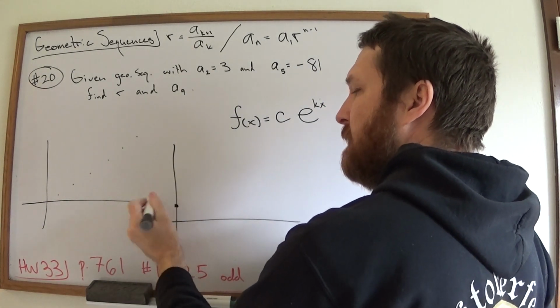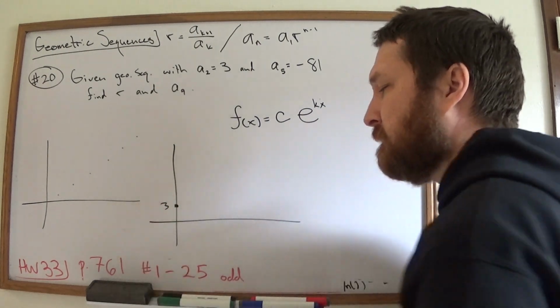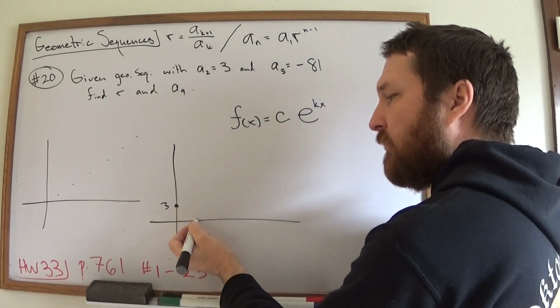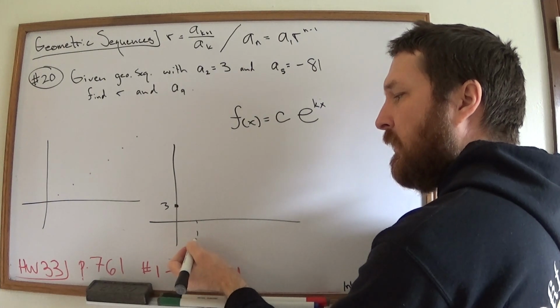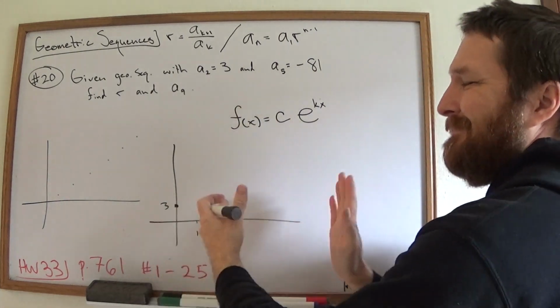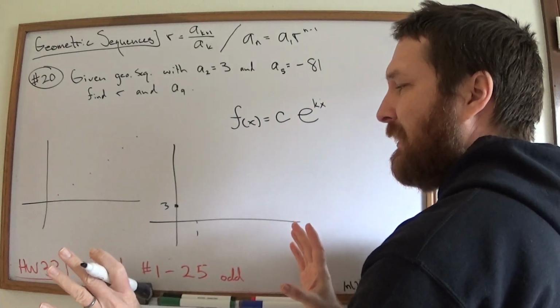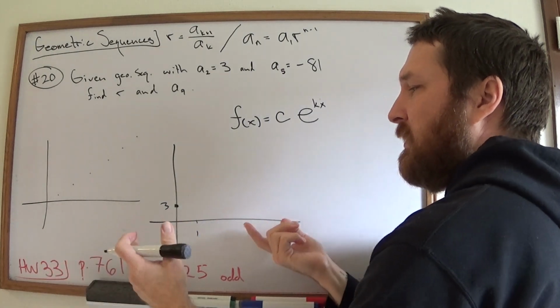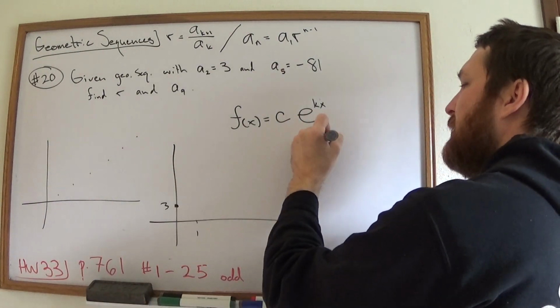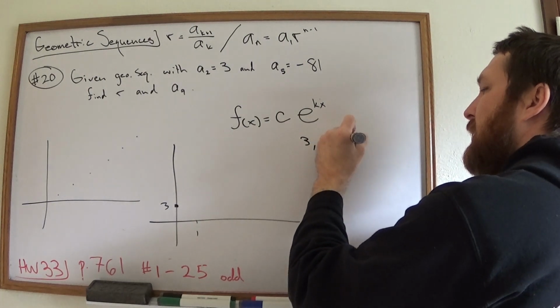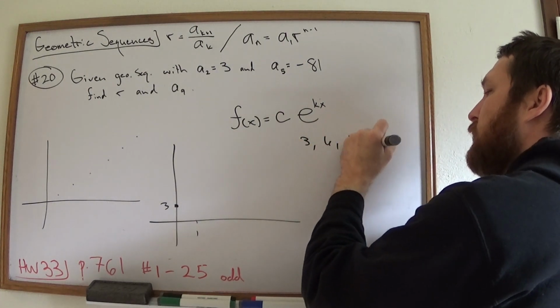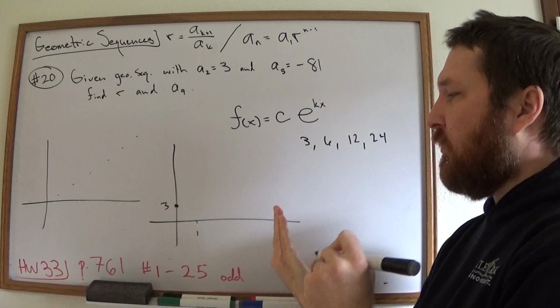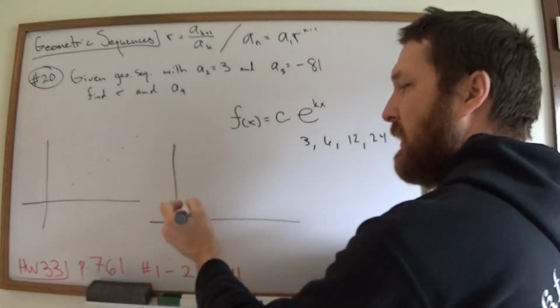So you have some number. Let's say it's 3. Then you go over one unit. Sorry, I'm not going to shift it. You think you see what I'm saying, right? Now you go over, and like our original case, it was 3, 6, 12, 24. Each time you go over by one, you're multiplying by a constant, right?